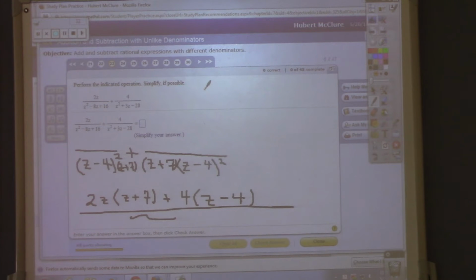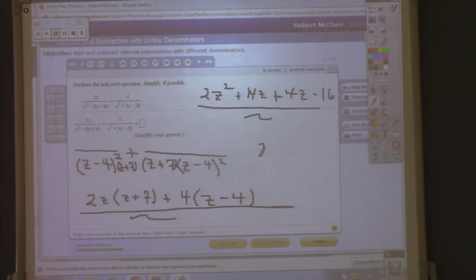That's going to give you 2z squared plus 14z plus 4z minus 16, all over the common denominator.